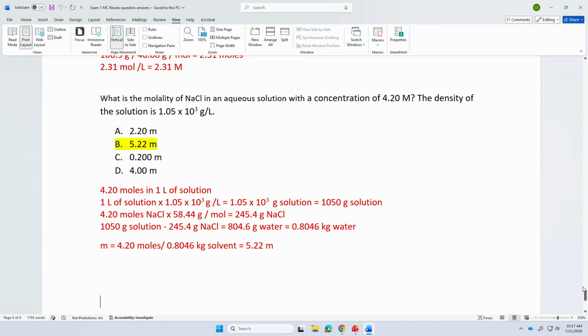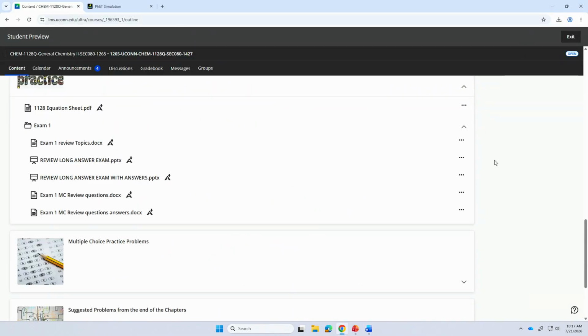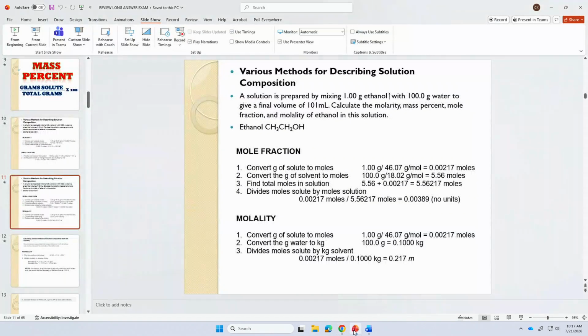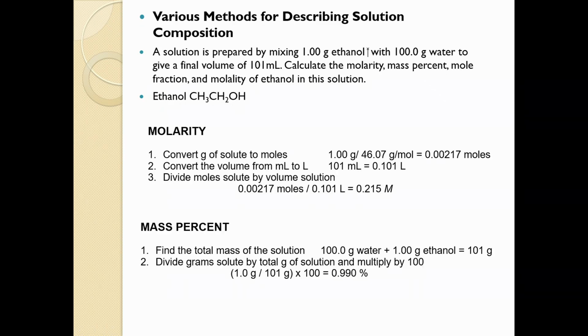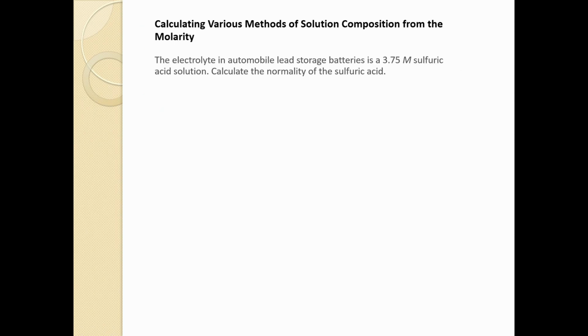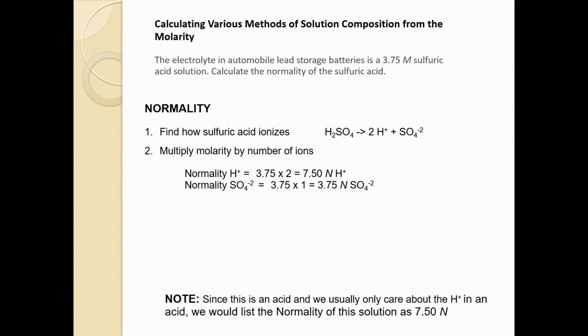So the most complicated part here was taking liters, converting them to grams for the solution, and then converting moles to grams for the solute, and subtracting the two. So you need to know how each one of these is created. Like I said, that's a bonus question. You don't have to do it, but it's there.